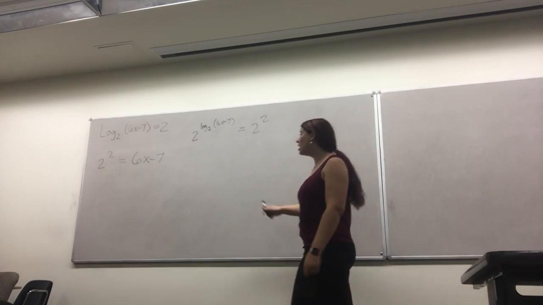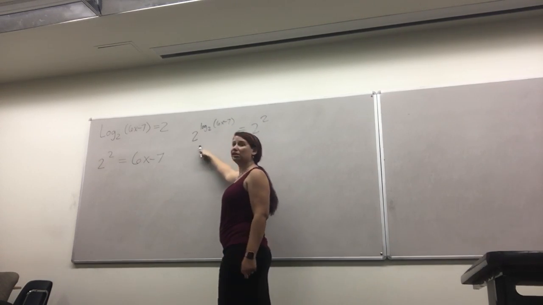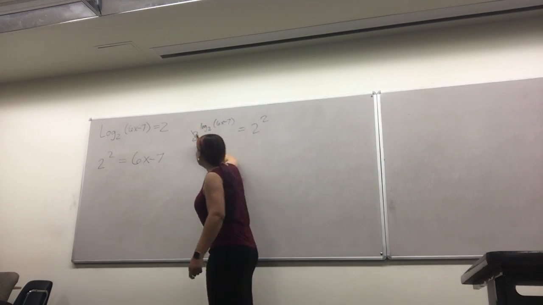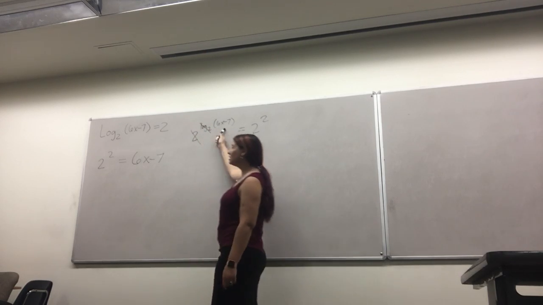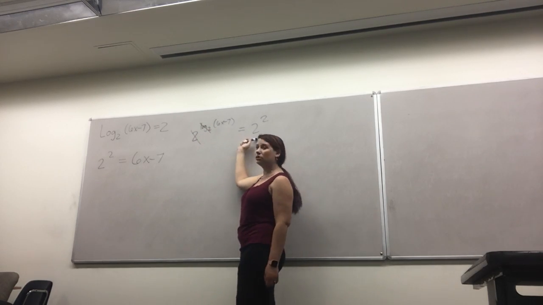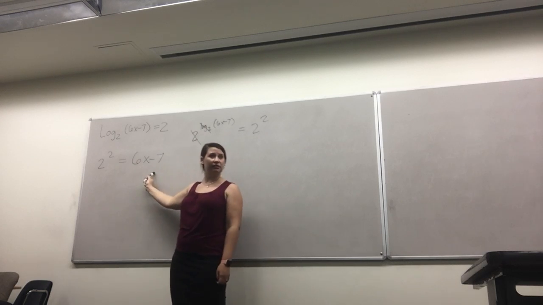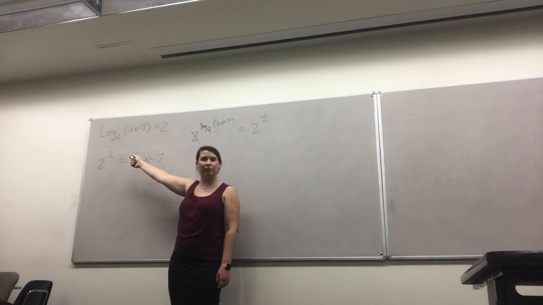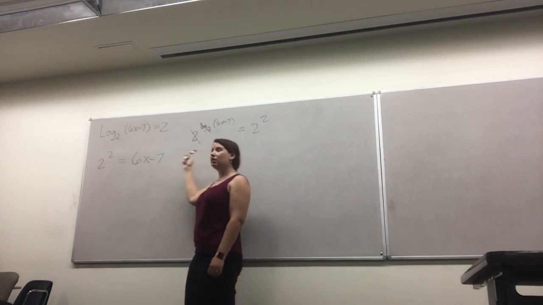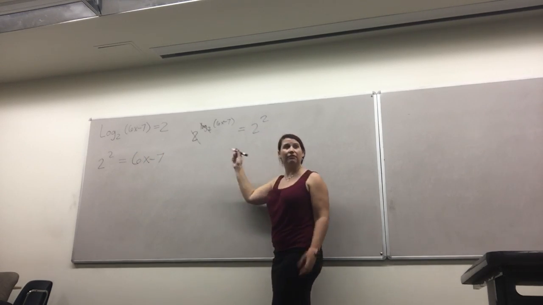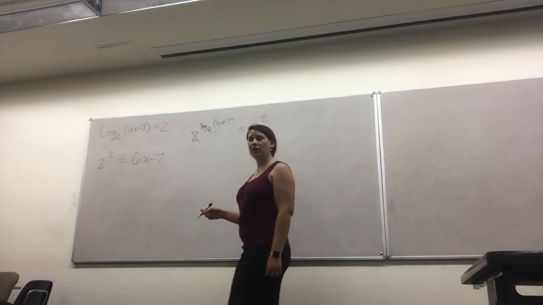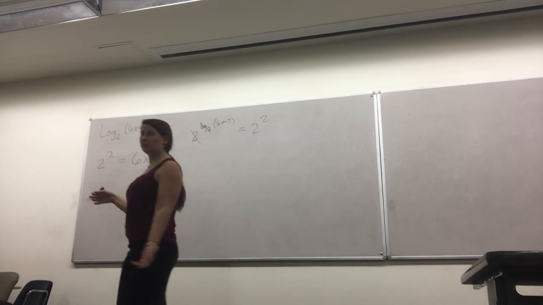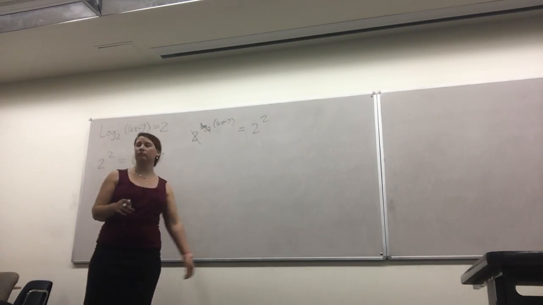We're doing that because these two are inverses. So they cancel, and we're left with just 6x minus 7 equals 2 squared, which is exactly this. So if you don't remember how to convert from log to exponent, then just use the inverse way. You get to the same place, it just takes an extra step.